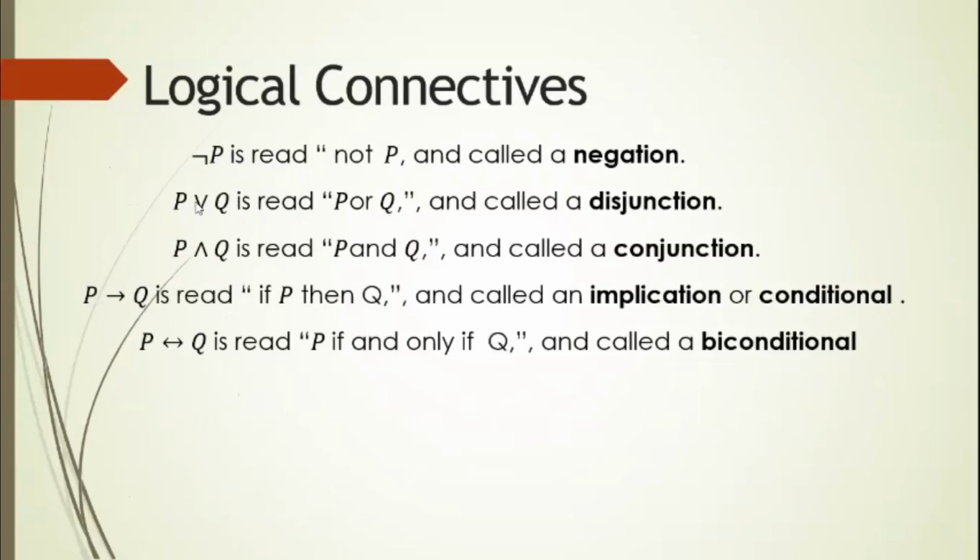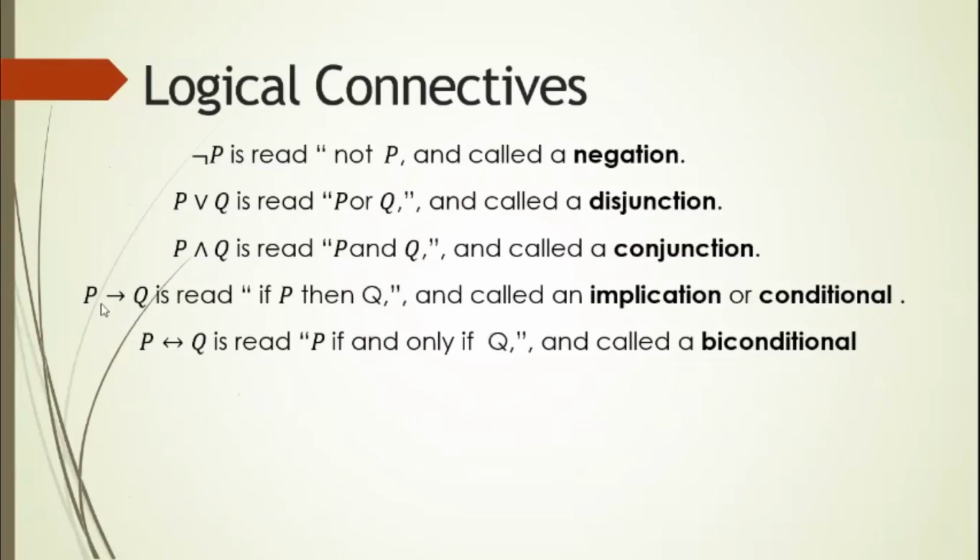P and then this symbol Q is read as P or Q, and it is called a disjunction. If the arrowhead is pointing upward, it is read as P and Q and called a conjunction.